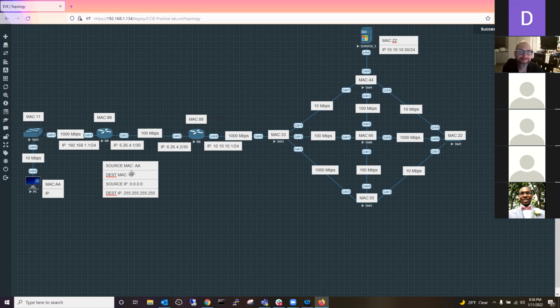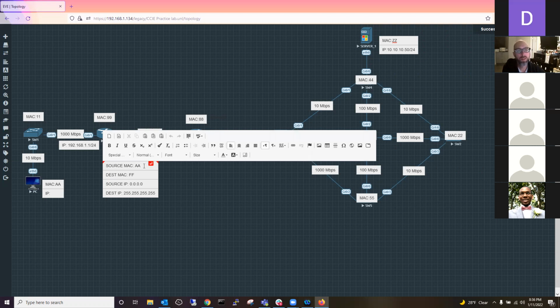Okay. So now back to the packet. So R9 has our packet. Ramsey, how does our packet look now before it's sent over to R8? What's the source MAC address?